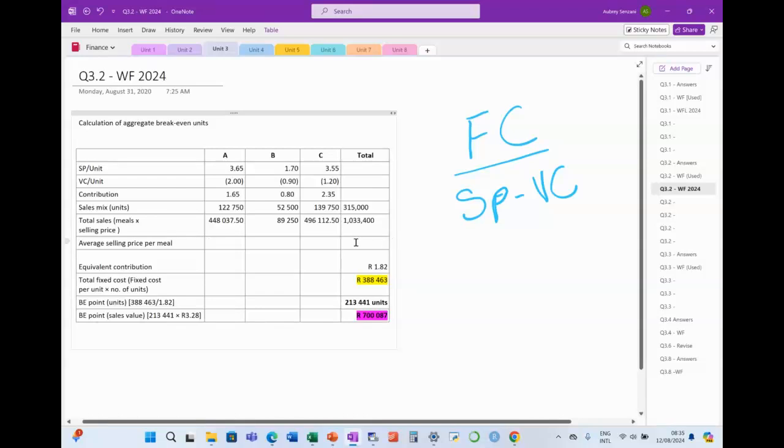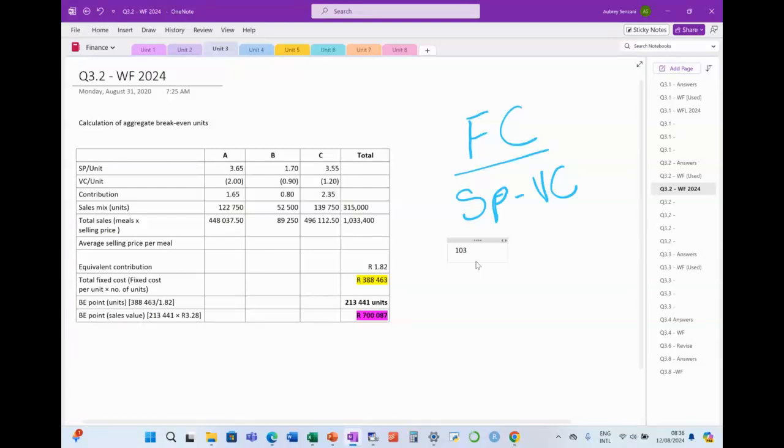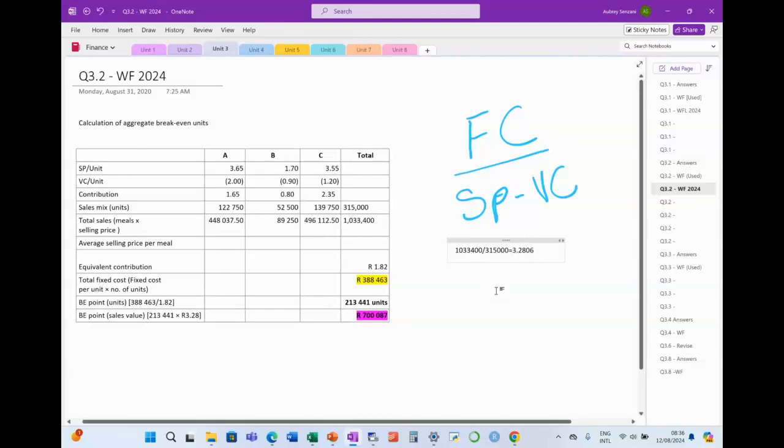So basically take 1 million divided by 315,000. So this is now your average selling price per meal.